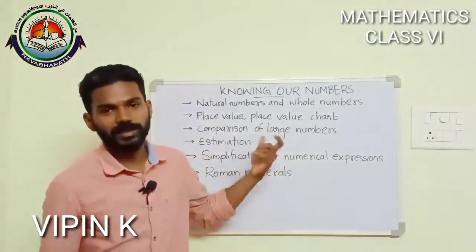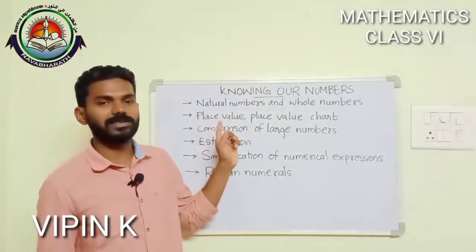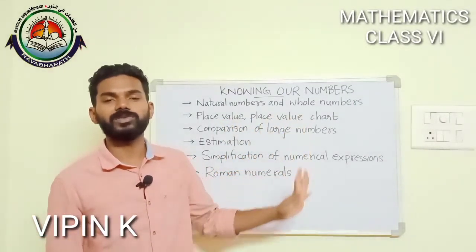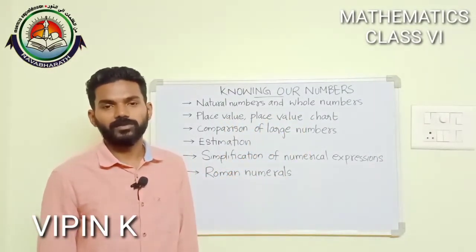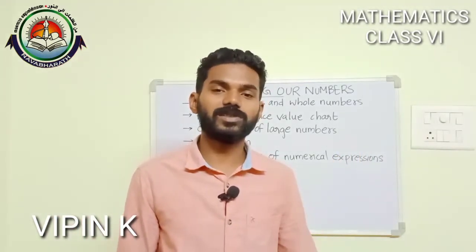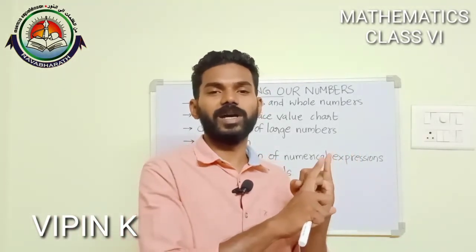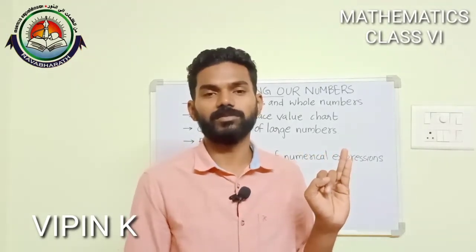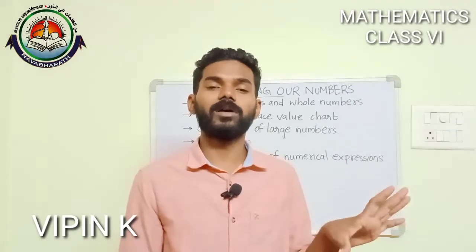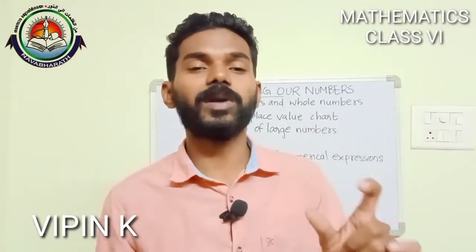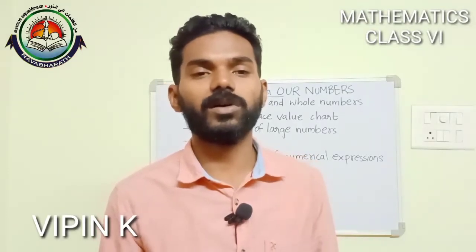Then on the next topic, we discussed place value and place value charts. We discussed two place value systems. Which systems? Indian place value system and international place value system. Clear? And we drew the respective place value charts also.